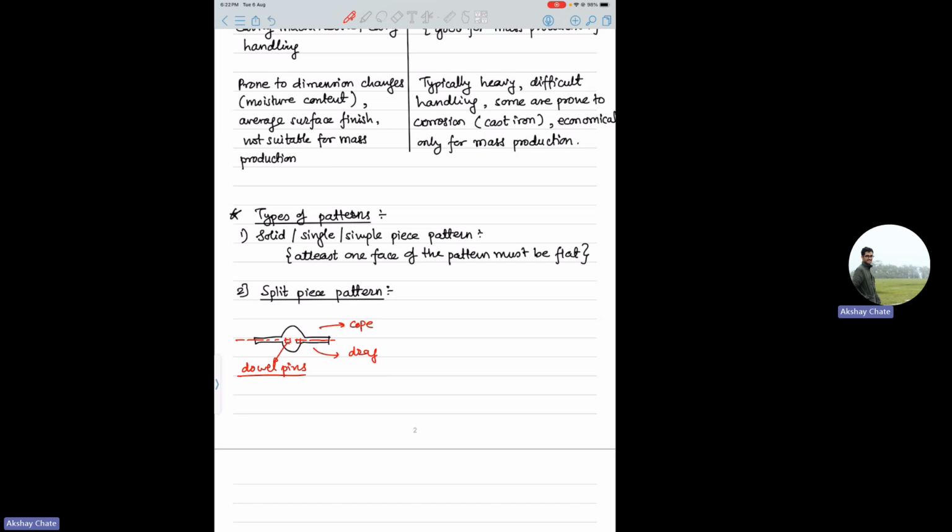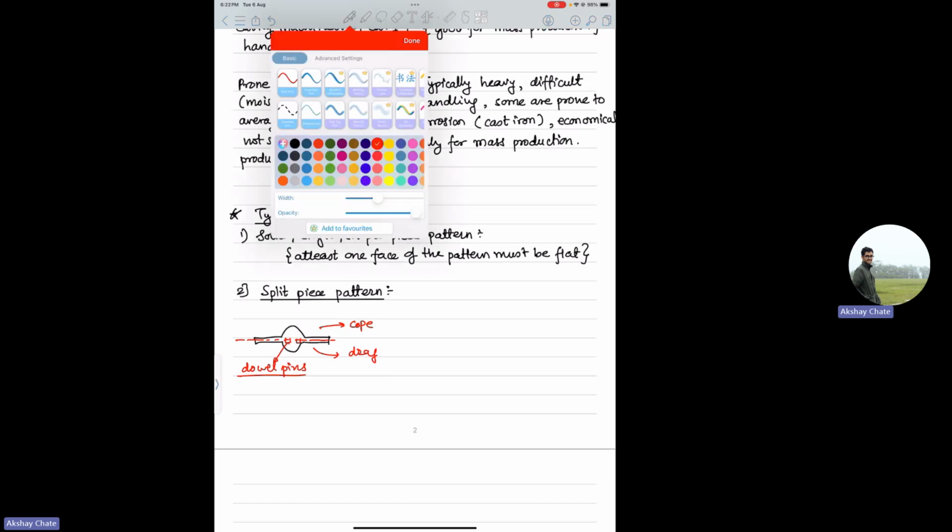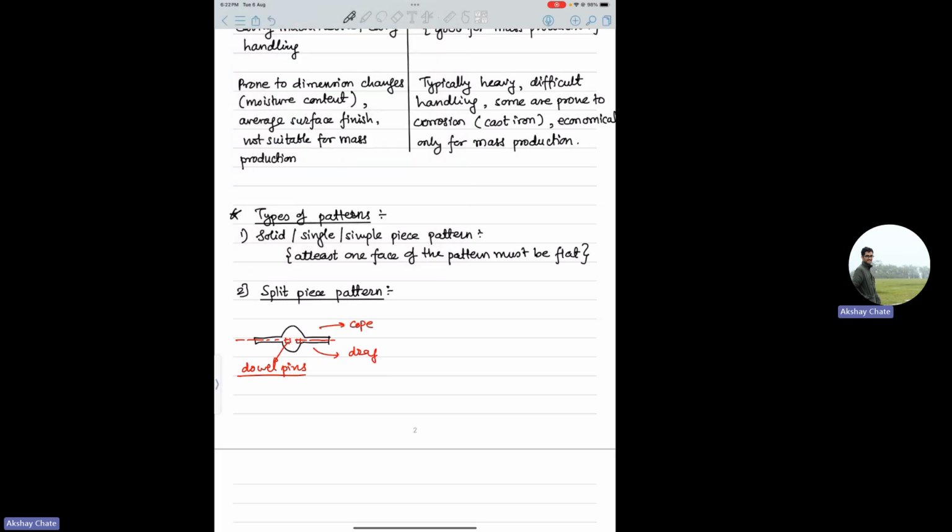And there is no limit that only cope and drag could be there. There can be more than two pieces also. This is used for complex shapes, which includes sphere, dumbbell, etc. The dumbbells that you use in the gym, not the new ones where the weights are bolted, but the earlier ones, if you remember, were typically made by split piece pattern casting.